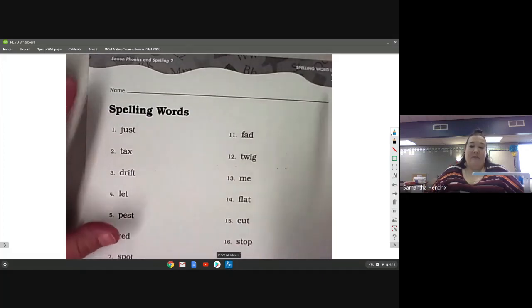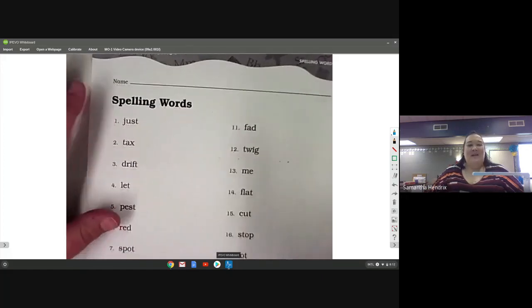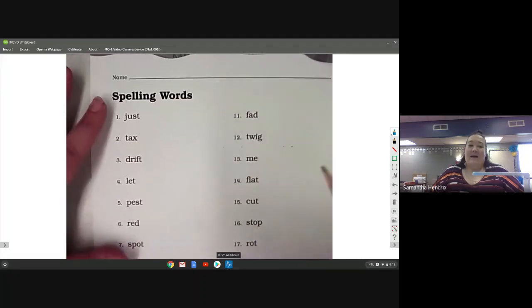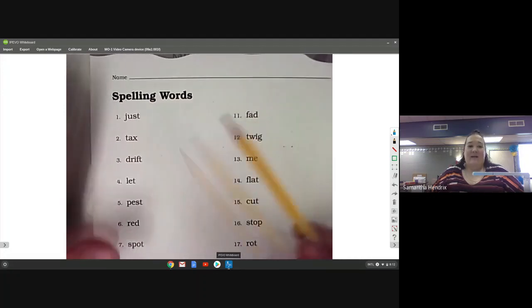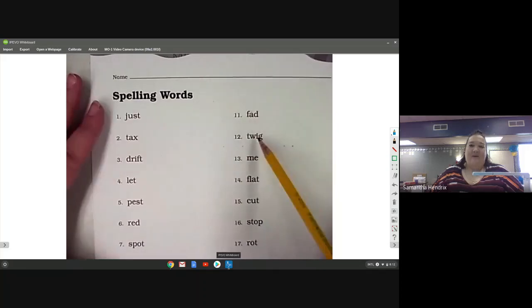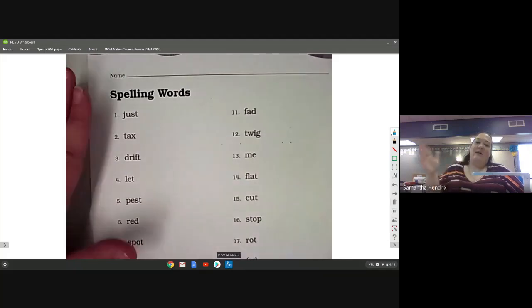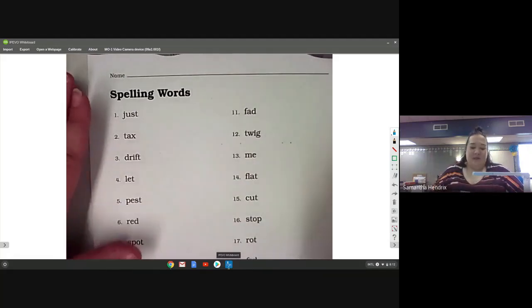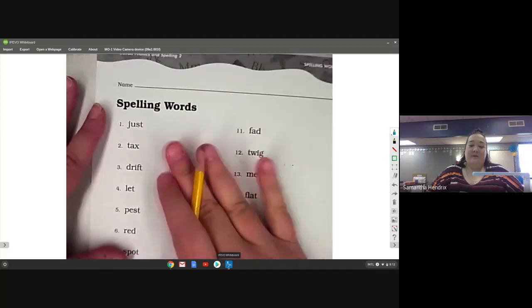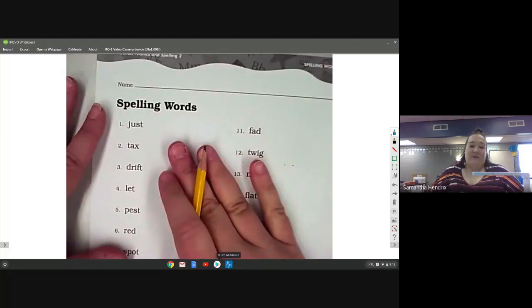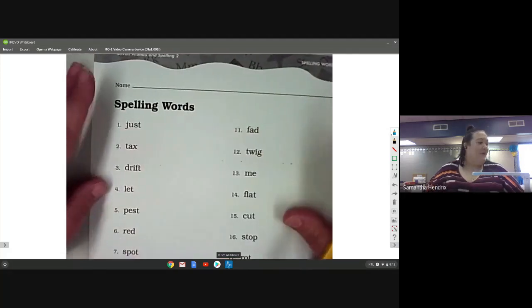So the test will be on Tuesday. And that's another reason why I kind of wanted to skip a couple of days. I know Friday is assessment day, but we had a lot of assessments. So I'm trying to get them on different days now. So your test over spelling word list 2 will be on Tuesday. Okay?